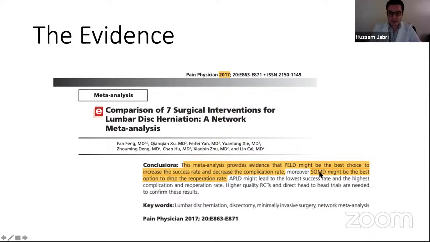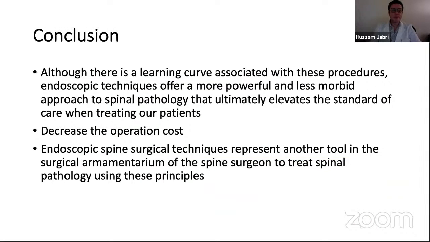They said that the open technique might be the best to decrease the operation rate, but also this study group has adopted endoscopic spine surgery recently in their practice, and with advanced techniques, even their operation rate will drop.